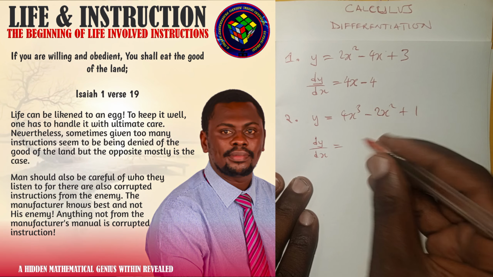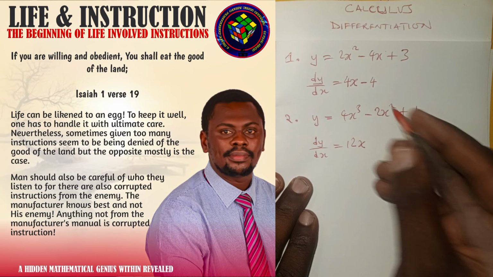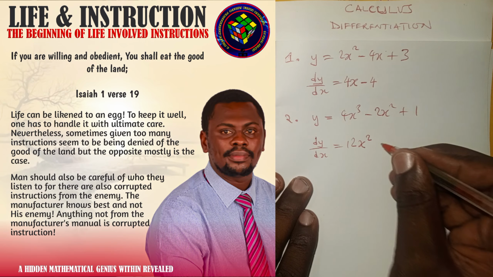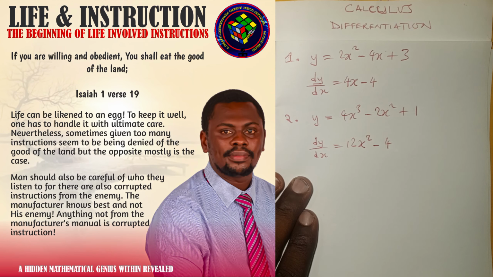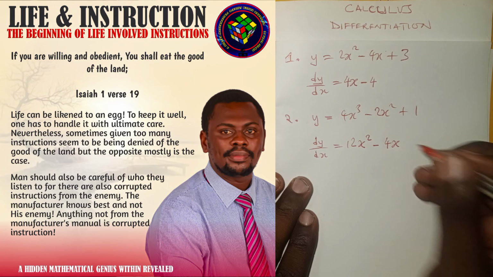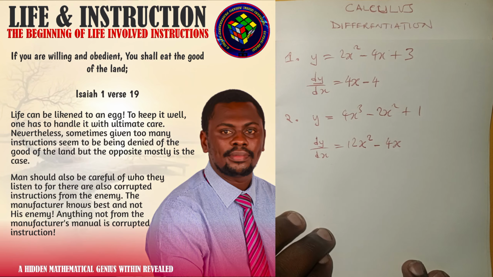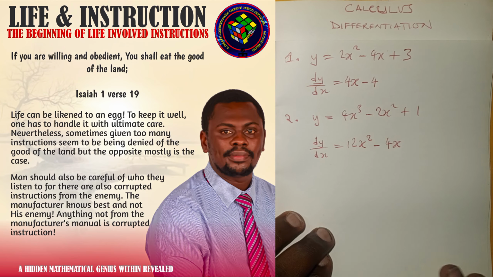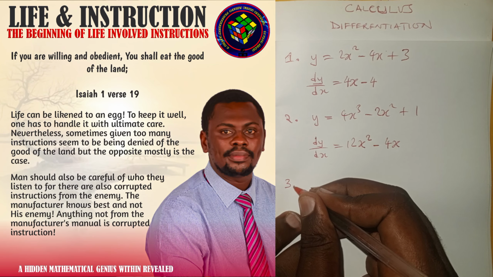So 3 multiplied by 4, you get 12x. Then 3 minus 1, you get 2. So this is 12x squared. Minus 2 times 2, you get 4. Then the power, you reduce it by 1, so you get x. And that is a constant. Derivative of the constant is 0. So you get 12x squared minus 4x. Okay, we go to question 3.